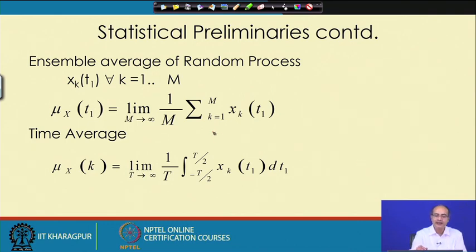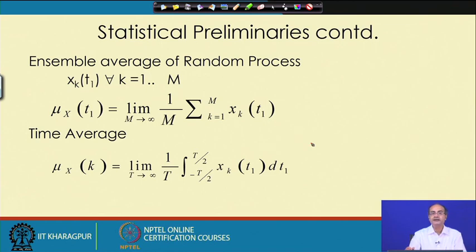If we take the average over the ensemble, it is called the ensemble average, and if we take the average over time, it is called the time average. In both cases, the mean is taken as the limiting value when time t tends to infinity or the number of ensembles m tends to infinity.